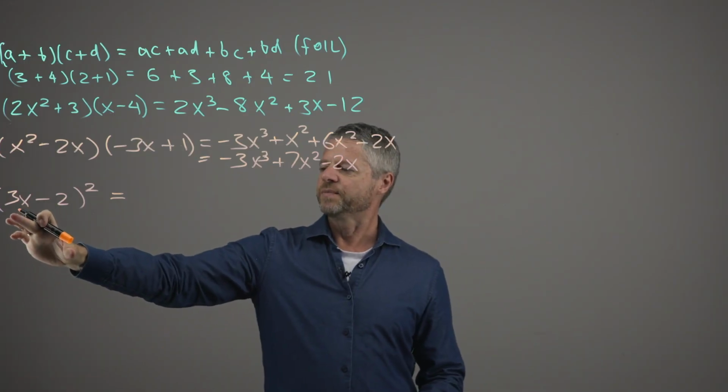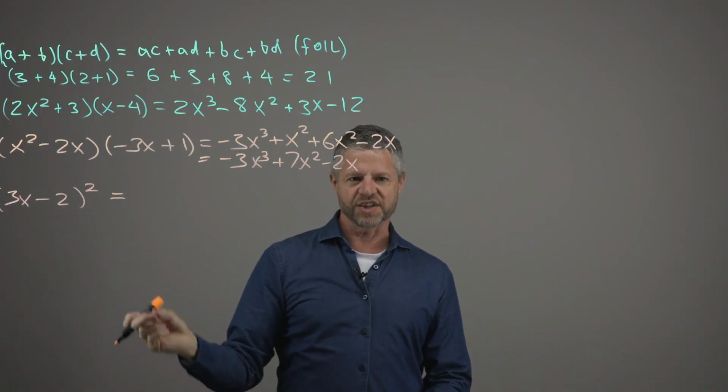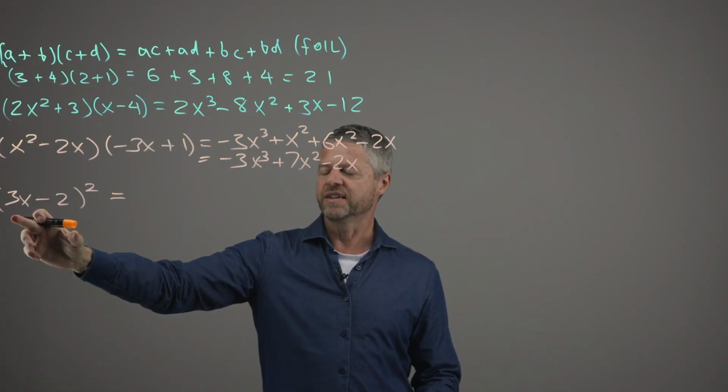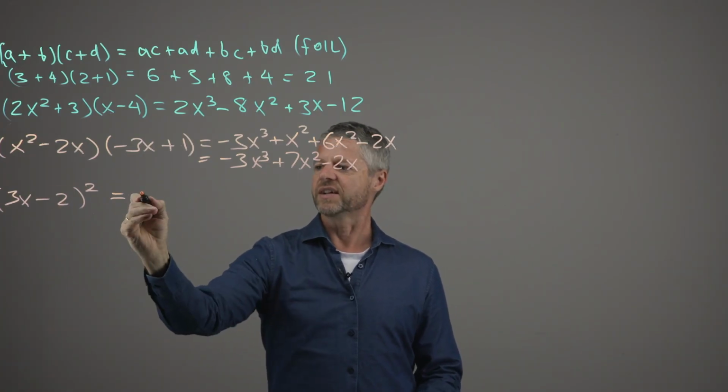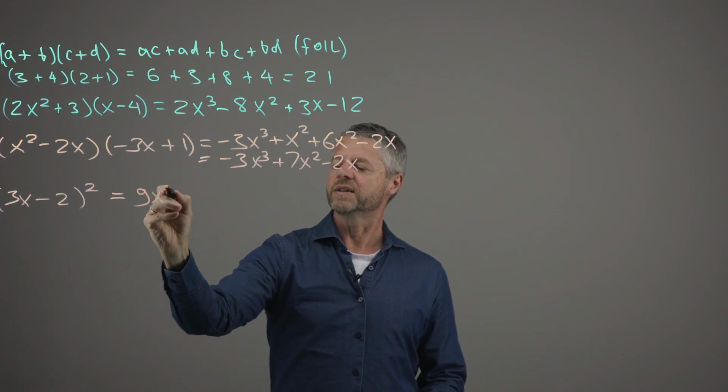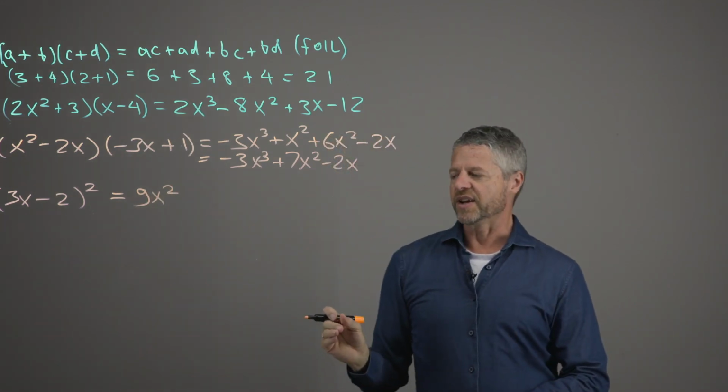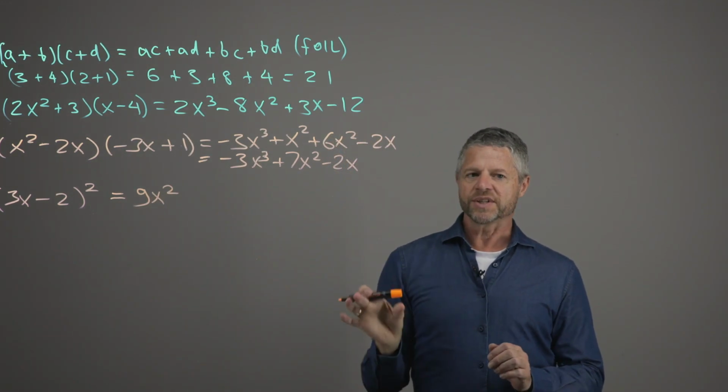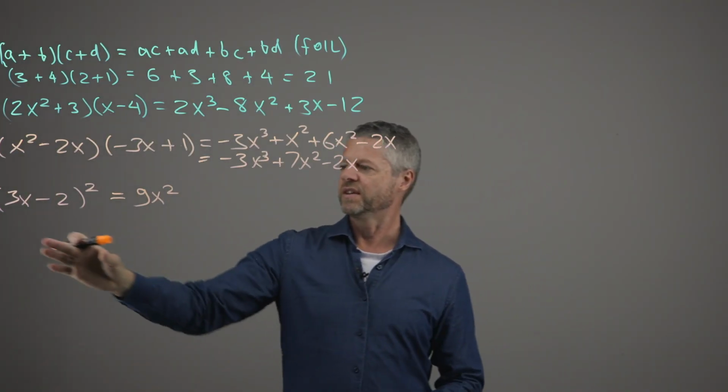If I think about the first terms, I've got 3x times another 3x, so I'll have 9x squared.